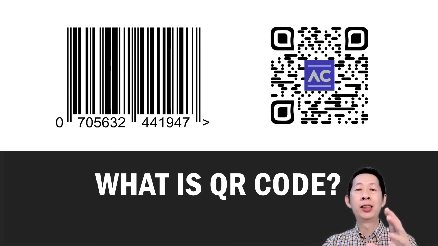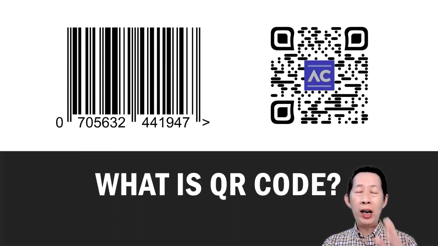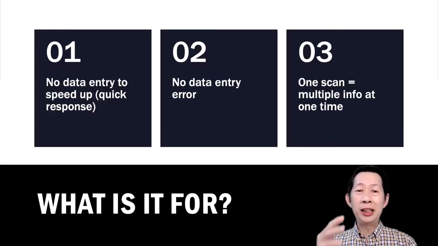This QR code is a fancier type. It used to be called a 2D barcode, a two-dimension barcode, and now it's called a QR code. QR stands for quick response. What is it for? You do not need to manually type in the data, so no data entry.